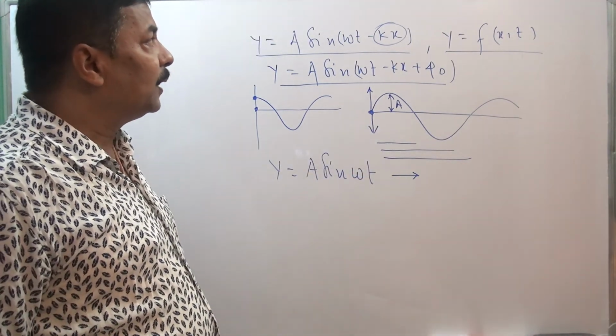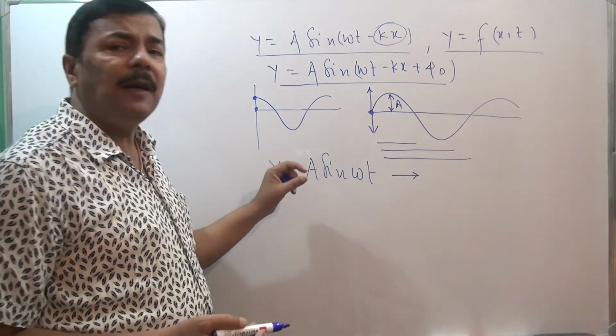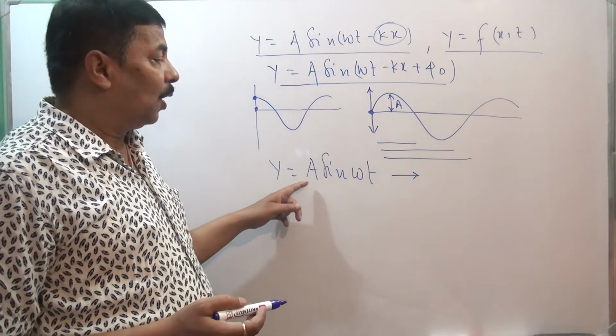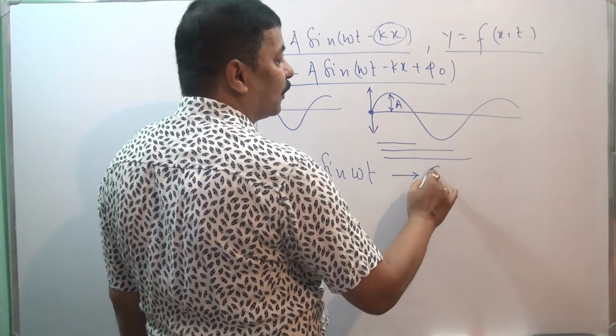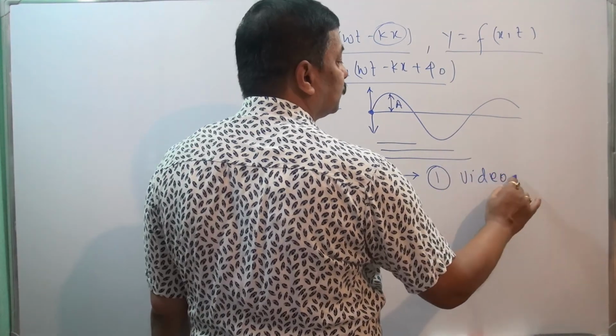This is basically your videography. That means you are concentrating on a single particle's motion. Time is changing and you are concentrating on a single particle's motion. So this is one graph that we are taking and it is basically your videography.